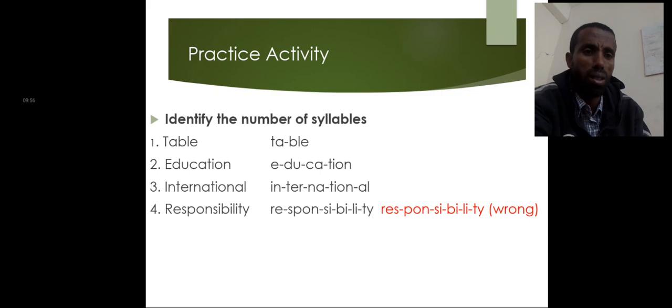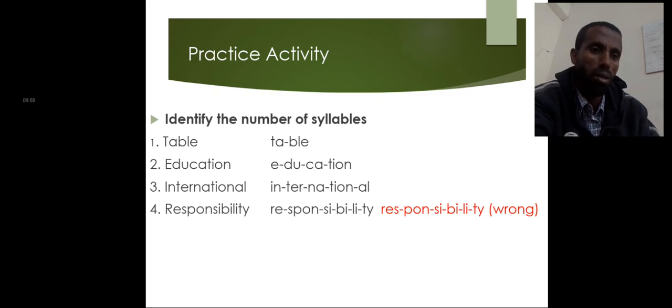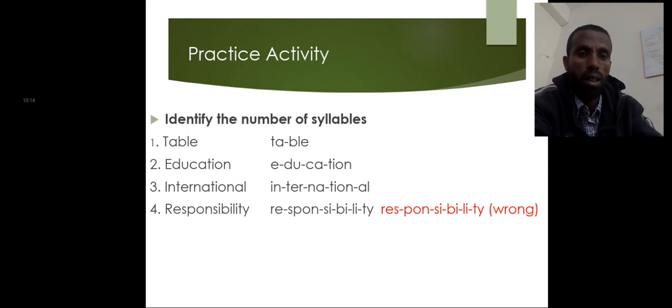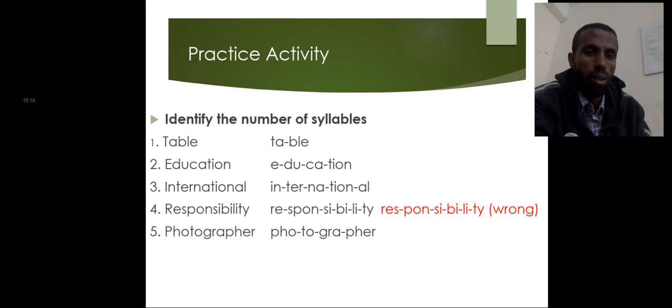That's why we are learning the principle. The principle tells us where to put the sequence of consonants. So responsibility, the first syllable is re, not ris. Okay, number 5, we have photographer, and 1, 2, 3, 4. We've got 4 syllables, and we've got 4 vowels.